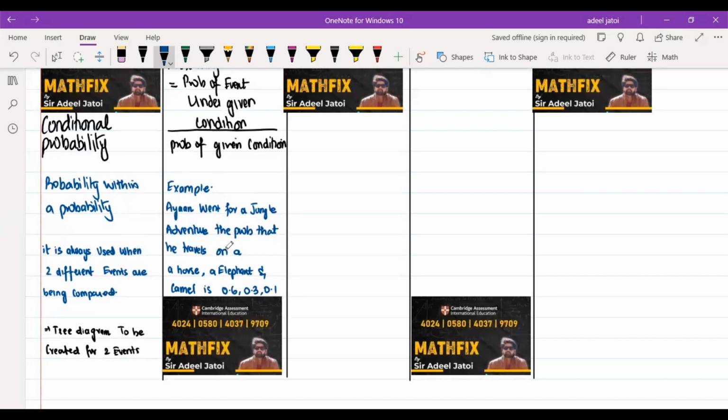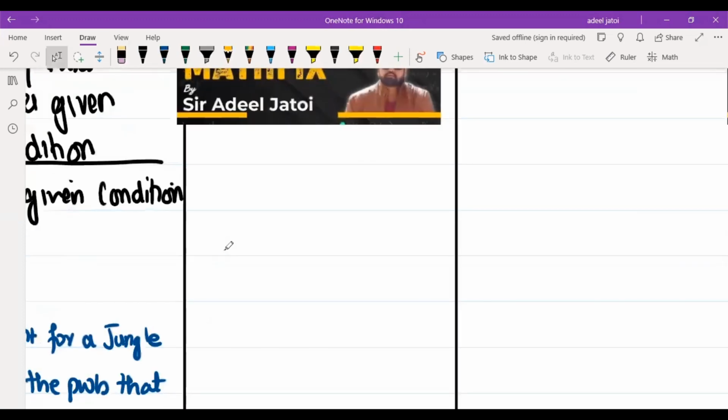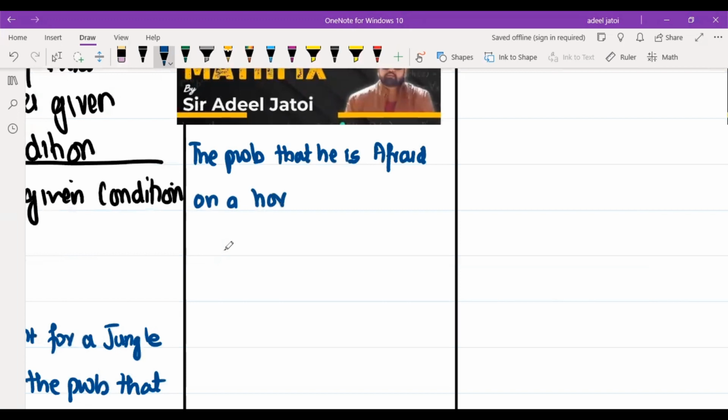Now, if I add certain things: the probability that he is afraid on a horse is equal to 0.85.